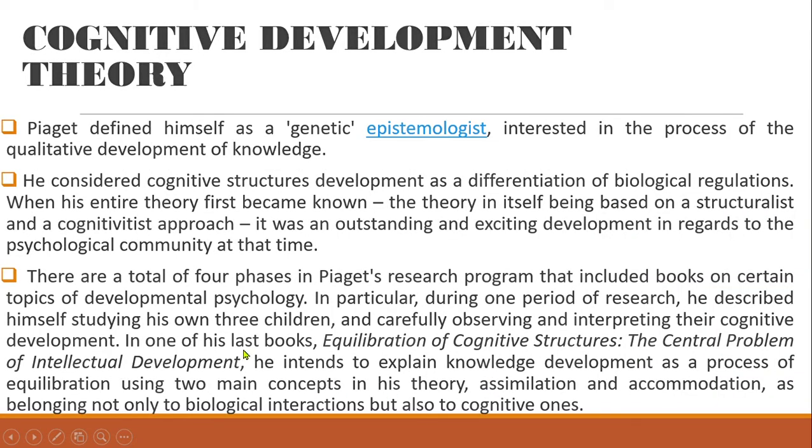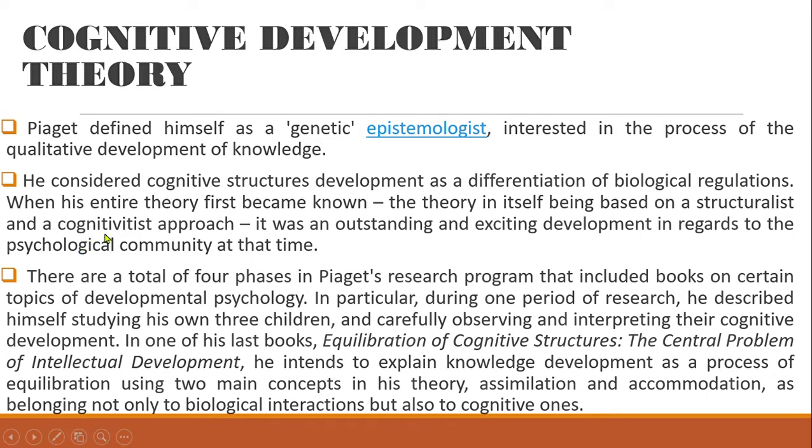Now, cognitive development theory, Piaget defined himself as a genetic epistemologist interested in the process of qualitative development of knowledge. And he considered cognitive structures development as a differentiation of biological regulations.